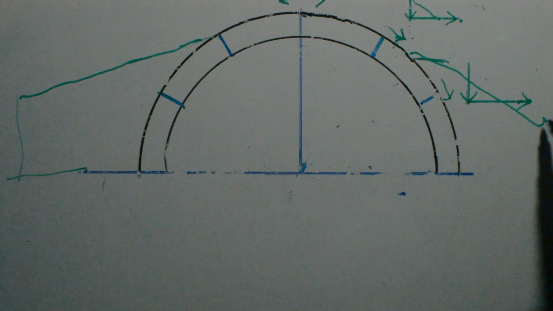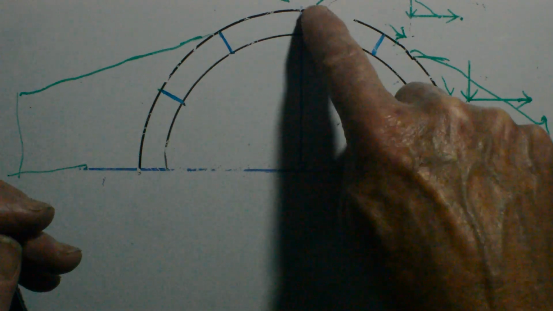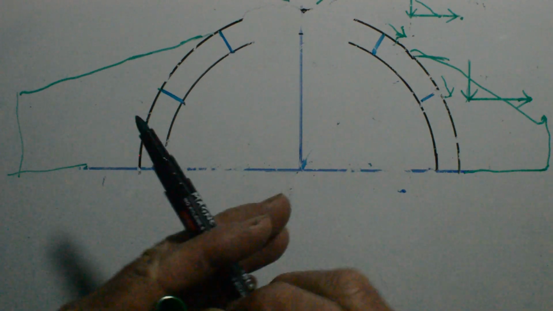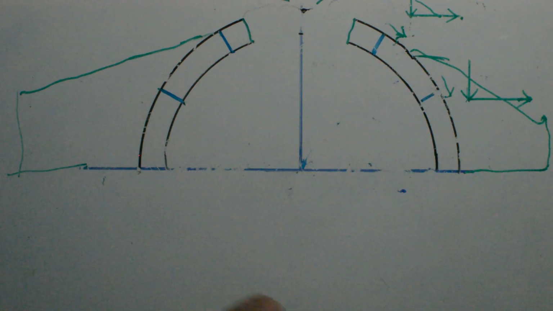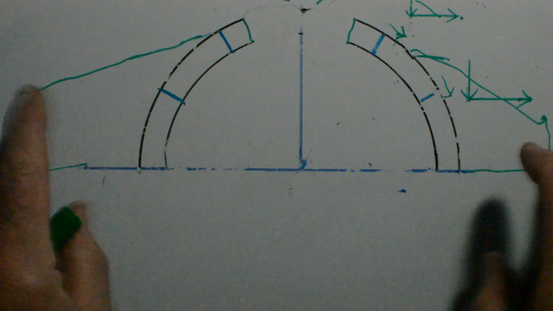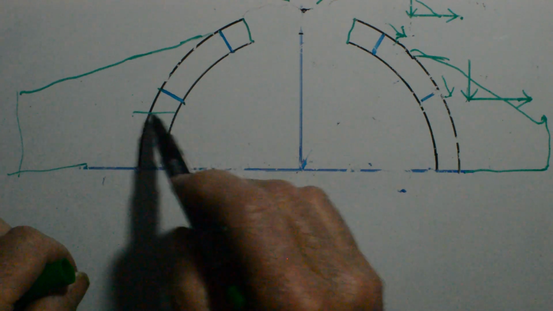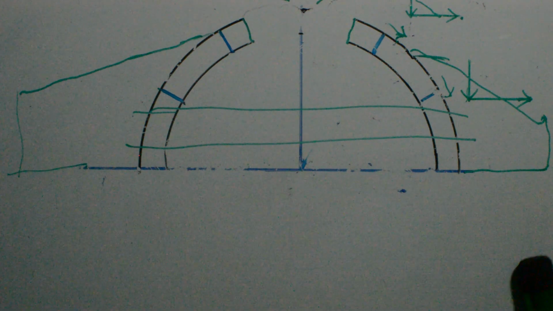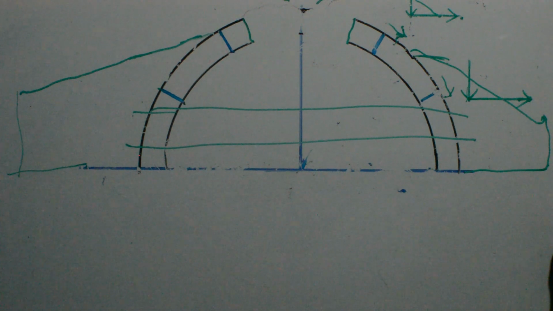You'll also notice that the Romans had something called an oculus, where they would get rid of this part up here, opening it up, which, if it doesn't rain very much, gives you much less side thrust. And sometimes also they would put bands around here like this. Now the Gothic arch is better than this. We'll look at that next.